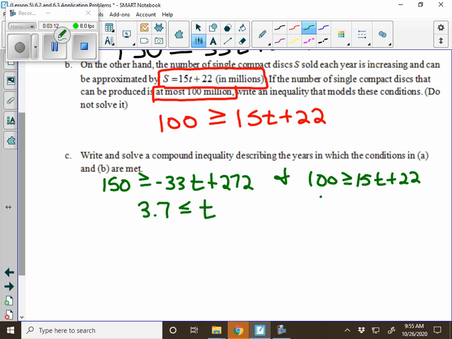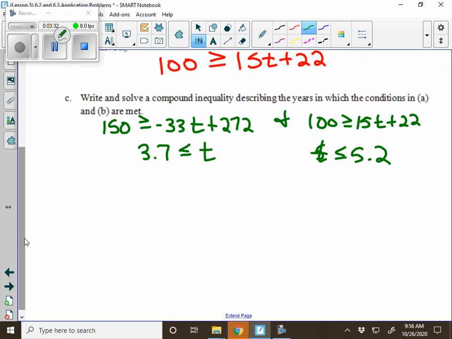And over here we get T is less than or equal to 5.2. So now we have our lower bound and our upper bound. T is greater than or equal to 3.7, but is also less than or equal to 5.2.